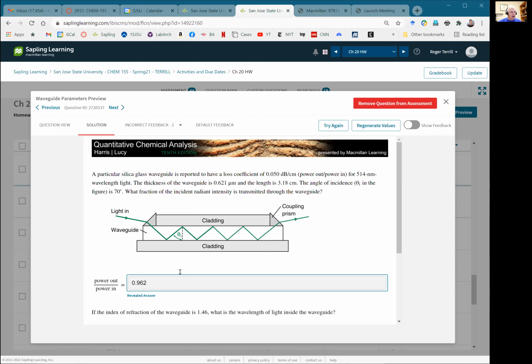So let's see here. Yeah, there we go. I'll show you what I did here. For this one, I'm going to jot down some of these values: 0.05 dB per centimeter, and I'll use the examples that I found there, if that's okay.